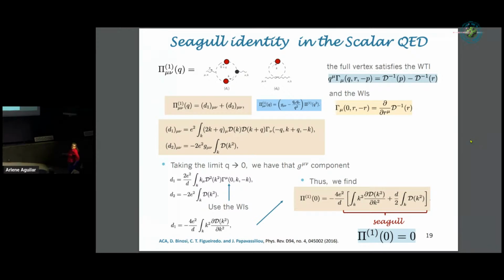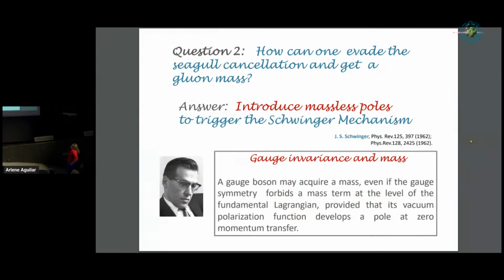The Seagull identity. So this is the way that the Seagull identity happens in scalar QED, the same way that it happens in conventional QED, and the same way that it is going to happen in QCD. I'm not going to show it in QCD because it's going to be exactly the same thing, just a little bit more difficult because of the indices.